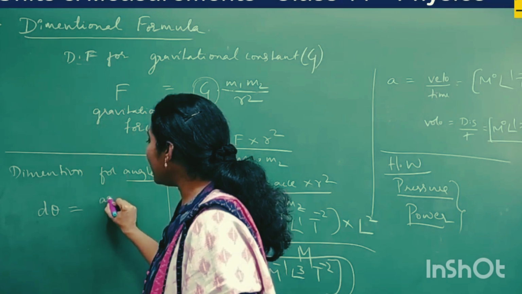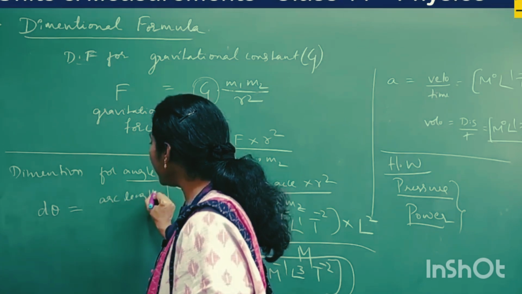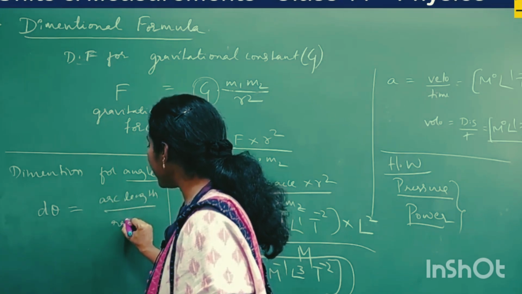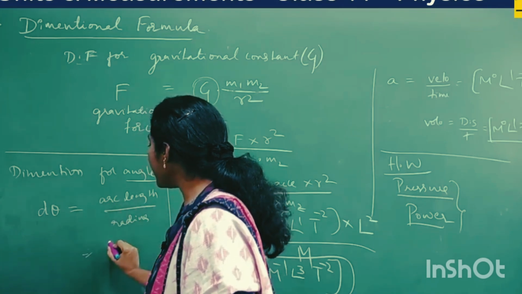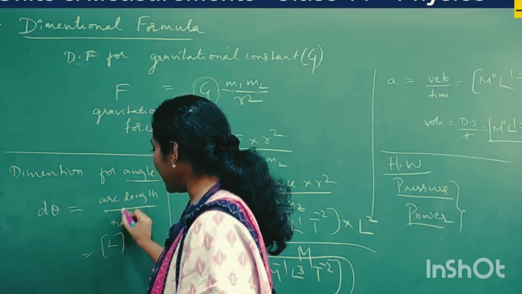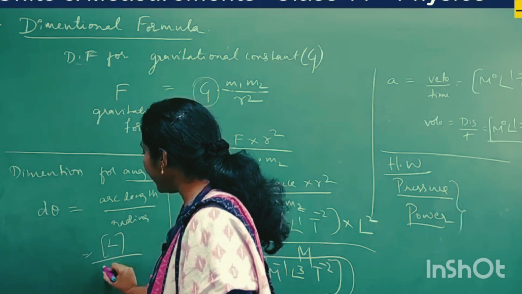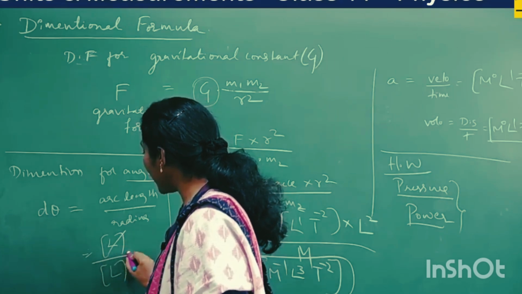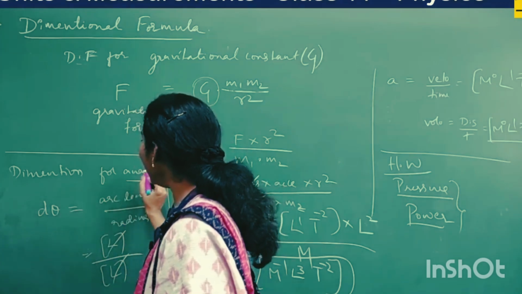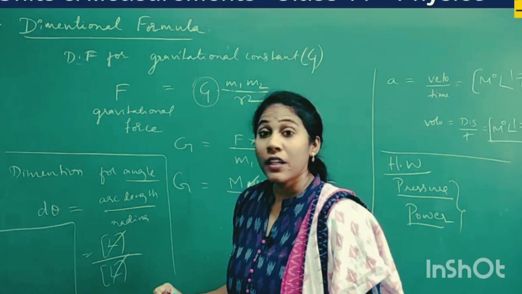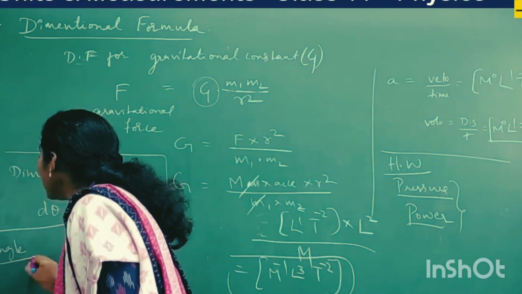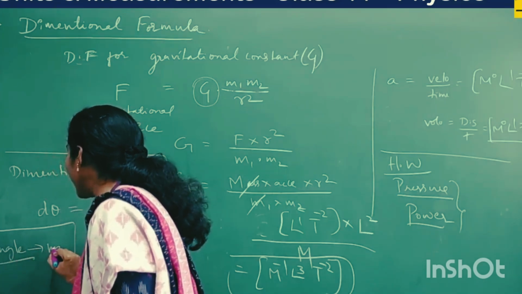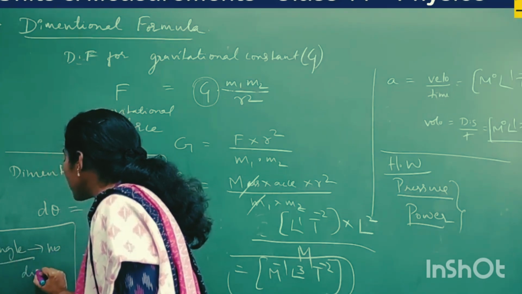It is arc length divided by radius, right? So arc length is what? L, length means L, divided by radius, which is also length only. So they cancel. Angle is dimensionless. Some physical quantities like angle may not have a dimension. So angle has no dimension.